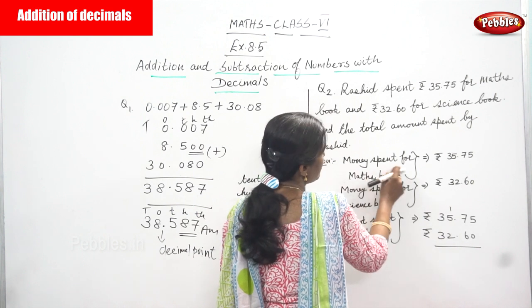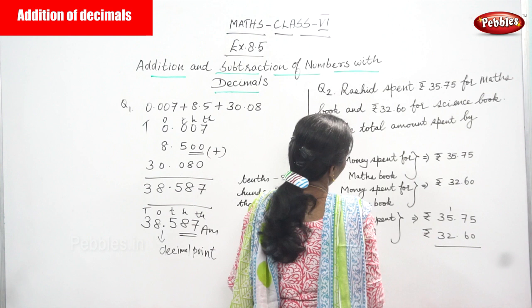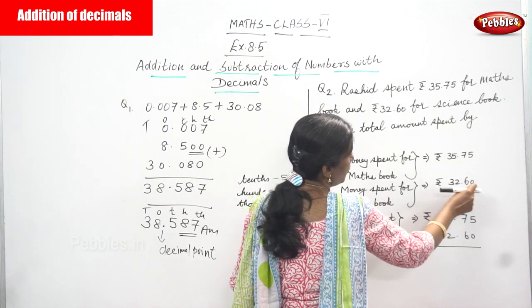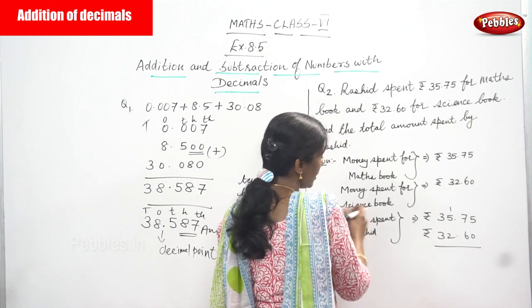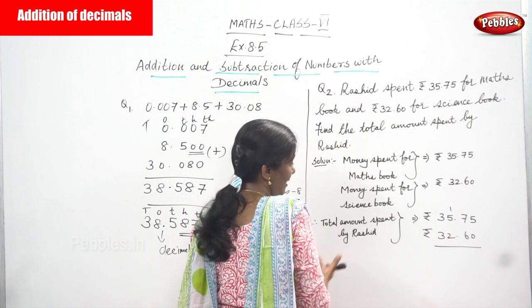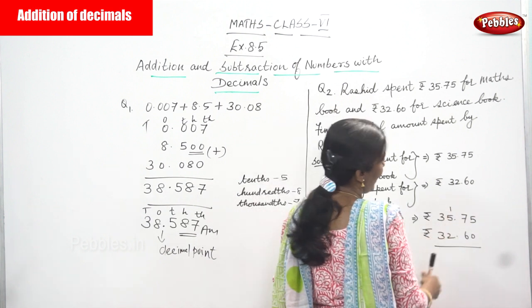The solution: money spent for the maths book is equal to rupees 35.75. Money spent for the science book is equal to rupees 32.60. Therefore, the total amount spent by Rashid is equal to the sum of the two amounts.